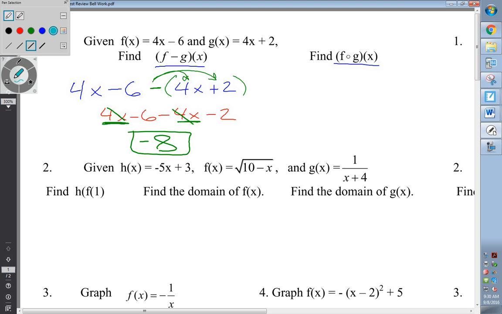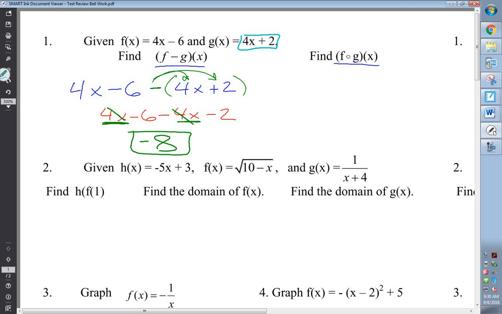F, open circle, g of x. When you see the open circle, Kyron, what is that telling us to do? Plug it in. Which equation are we starting with? You take g, because it's the first part, and he's going to plug that in to f, where that x was. So his new problem is 4 something minus 6.